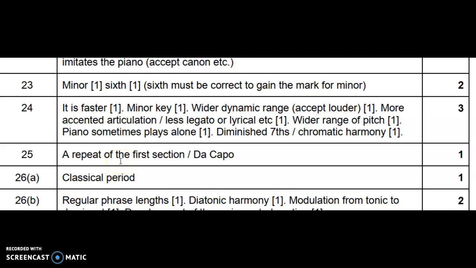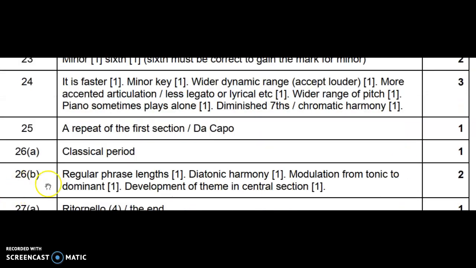I would expect a repeat of the first section at a couple. It's a classical period. Regular phrase lengths, diatonic harmony, modulations from the tonic to the dominant, development of theme in central section. So that was clearly heard.